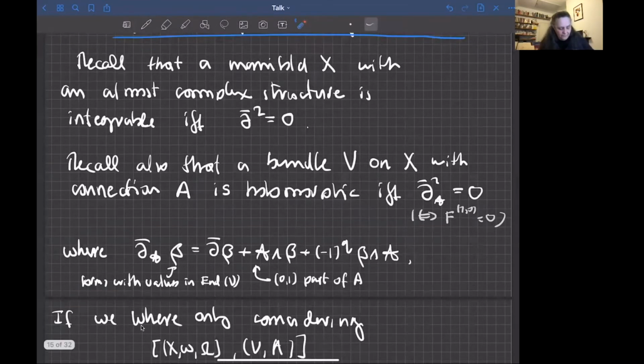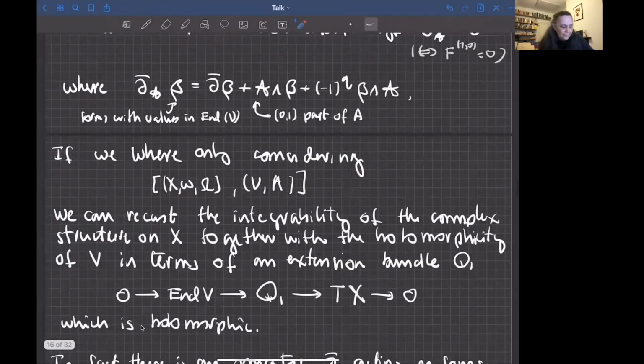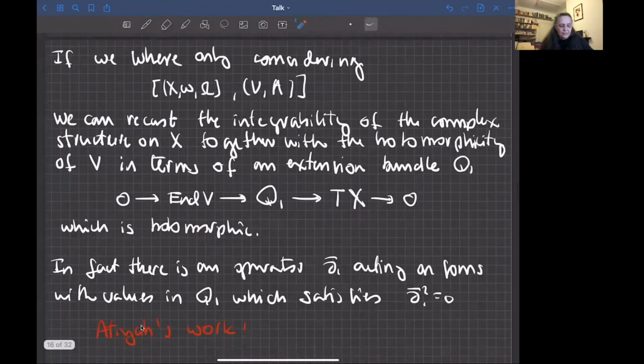Right? So what this means is the following for us. If we were only considering bundles with connections on these manifolds with heterotic structure, then we can recast integrability of the complex structure on X together with the holomorphicity of V in terms of an extension bundle, right?